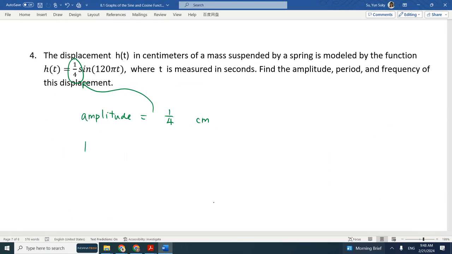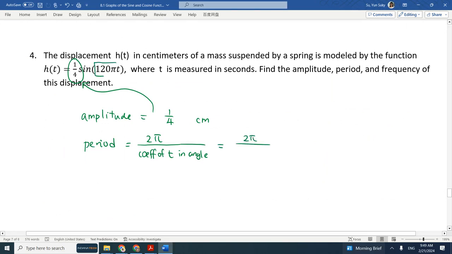And then period. So we know the period for sine is 2 pi over the coefficient of t in the angle. What is the coefficient of t in the angle? Yeah, 120 pi. Do you see what happened?